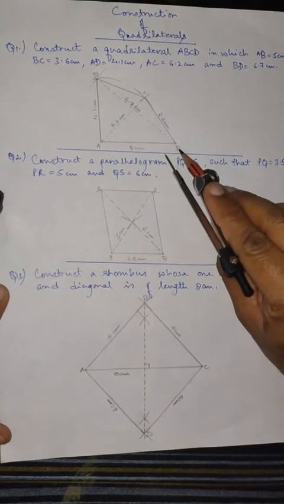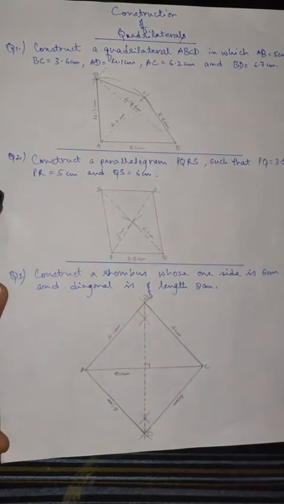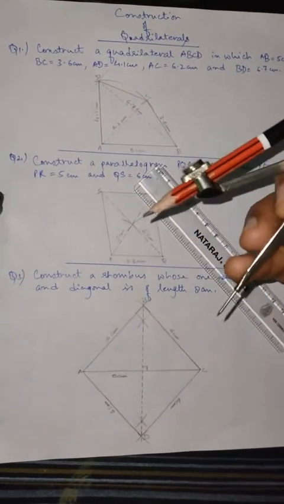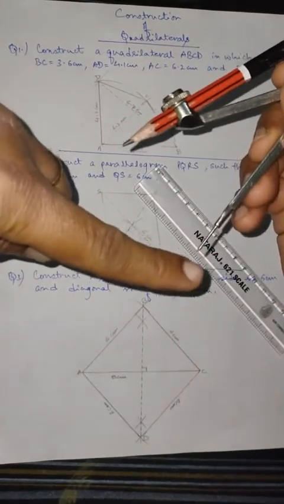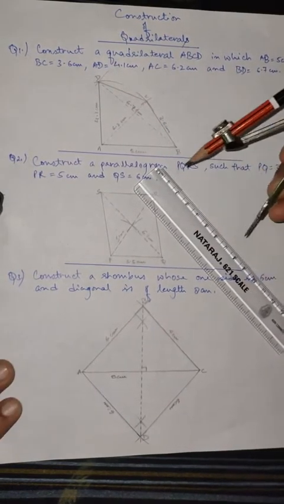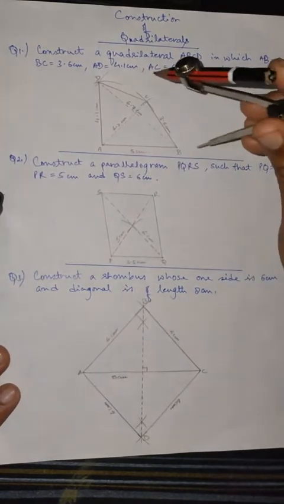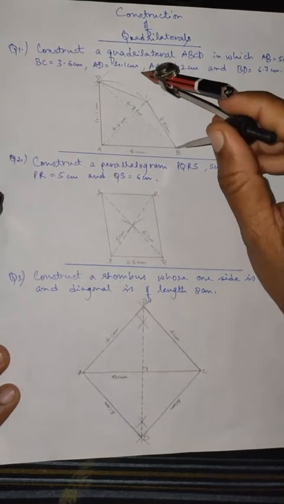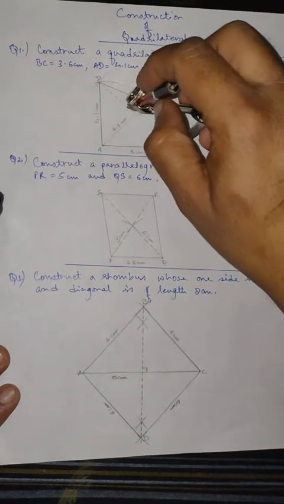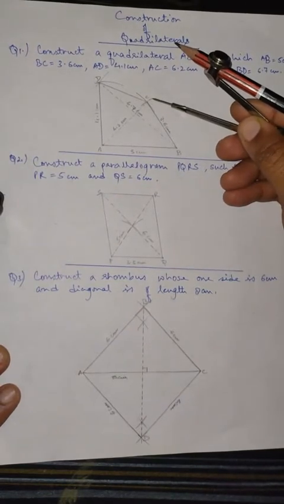Then, because the BC side is given as 3.6 cm, with the help of the ruler I have measured the distance between the pointer and the pencil as 3.6 centimeters. I place the pointer at the vertex B and mark an arc of 3.6 over here. As you can see, this is the arc of 3.6 that I have marked.